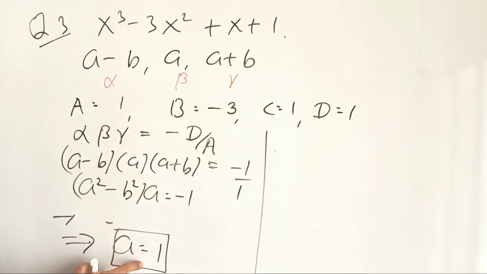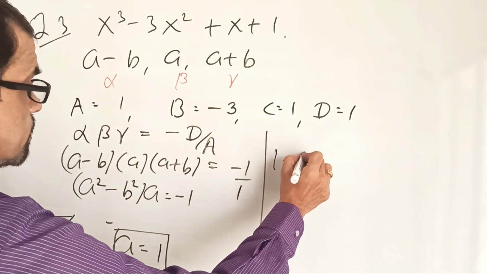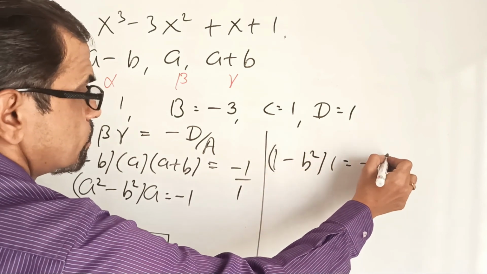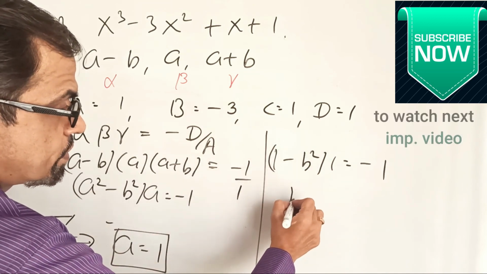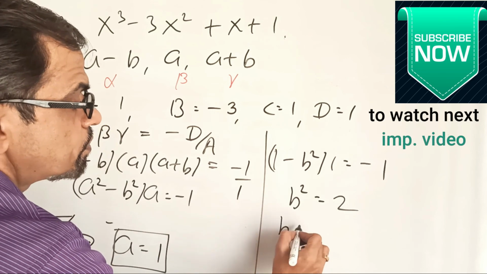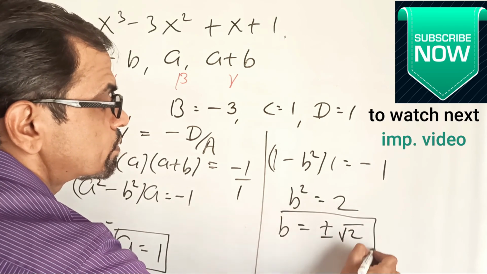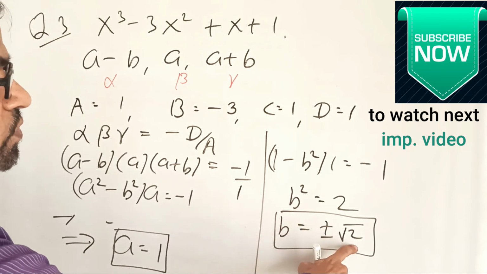Okay student, we already found a is equal to 1. So 1 minus b square into 1 is equal to minus 1. Finally we will get b square is equal to 2. So b is equal to plus minus under root 2. Okay student, so the value of a is 1 and there are two values of b, plus root 2 and minus root 2.